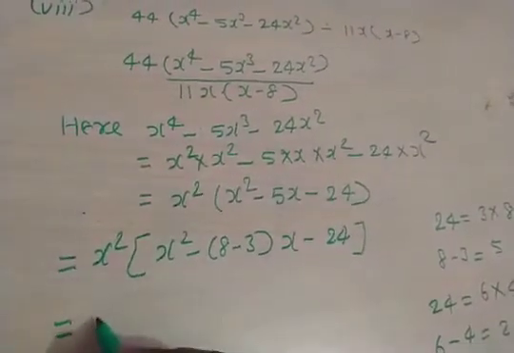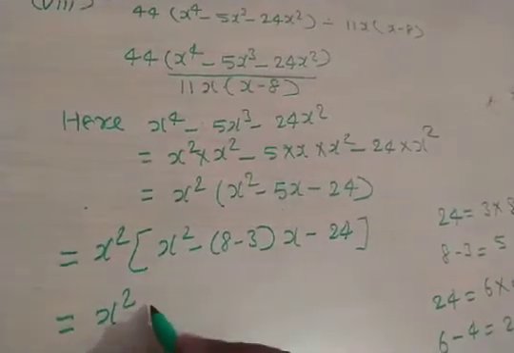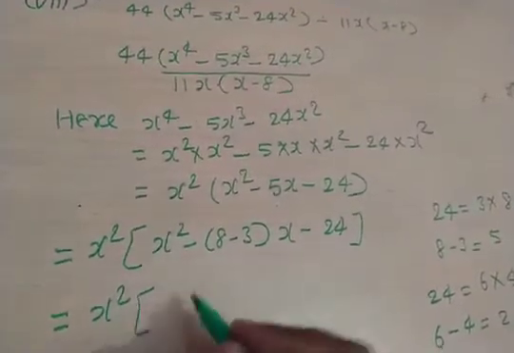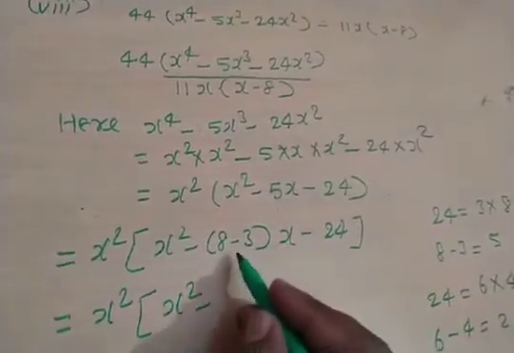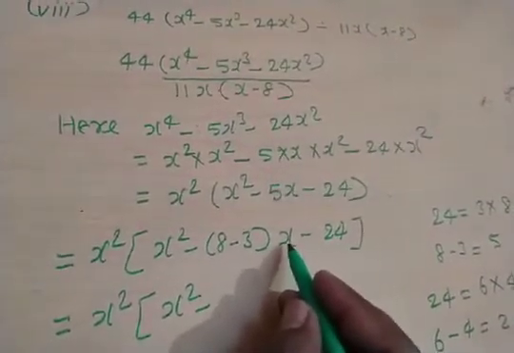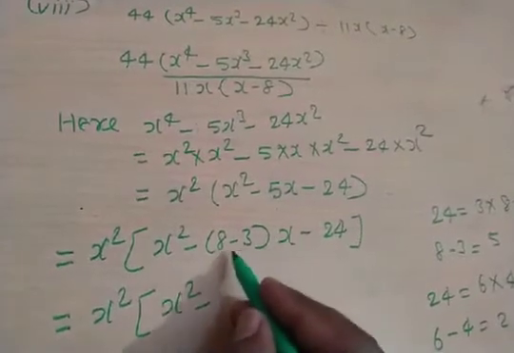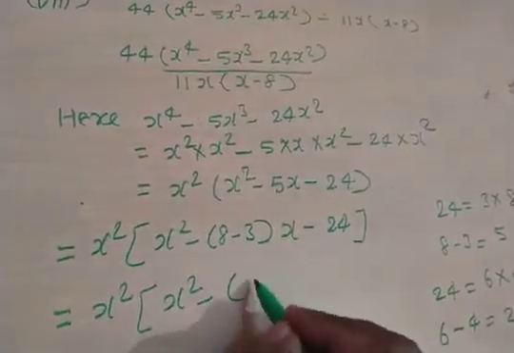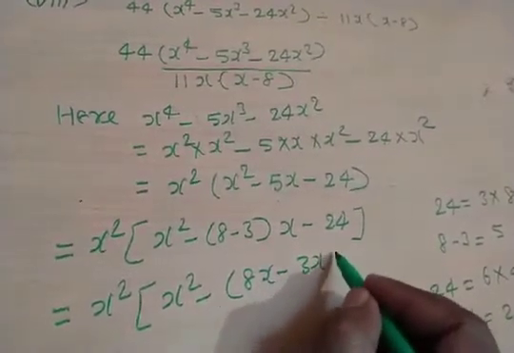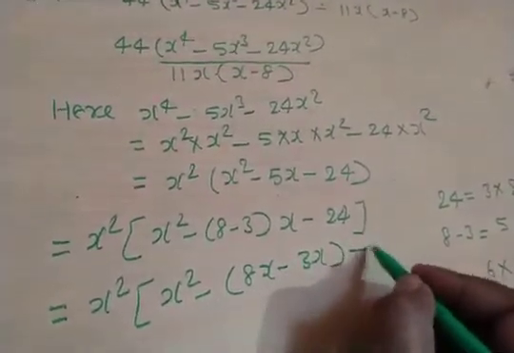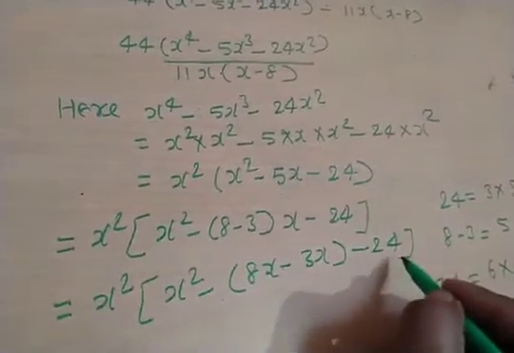So x square here you can write as it is into x square minus, open this bracket, first we multiply x by 8 and 3. So here 8x minus 3x minus 24. Clear?